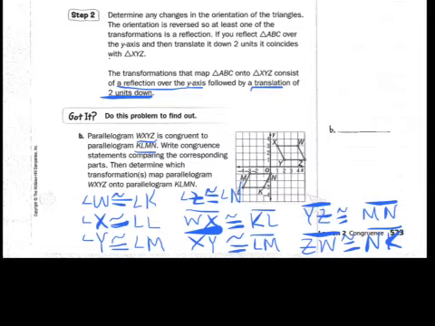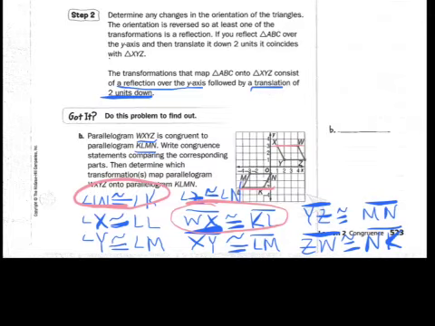Now, especially these sides are going to be really important when we try to figure out what kind of transformations happened between WXYZ and KLMN. I know that WX has got to land on top of KL. Well, here's WX, and down here is KL, and W's got to land on top of K, because that's the angles that need to land on top of each other.